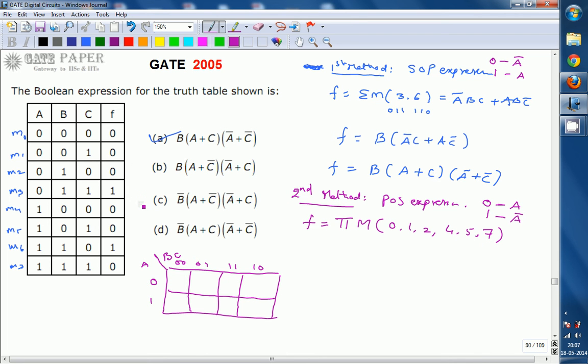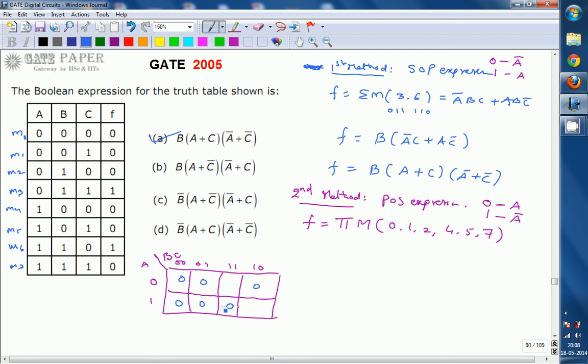Now we will substitute the corresponding zeros in this K map. The zeros are at 0, 1, 2, then 4, 5, and 7.